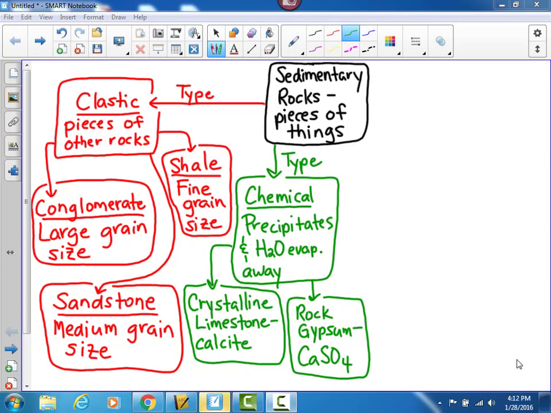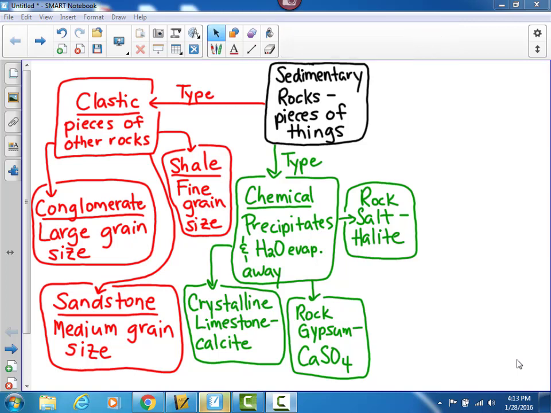And the third chemical rock that you'll see is known as rock salt. Just what it sounds like, it is salt. And its mineral name, we should remember from before, is halite. Rock salt is actually something that can be mined for, and you can dig it out of the ground, and it's a consumer product. You can buy that.